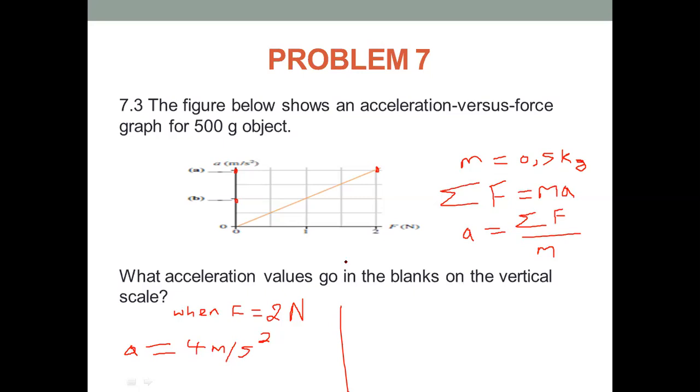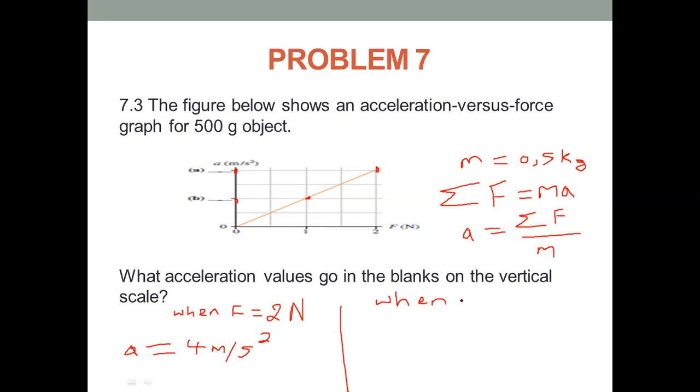Okay. So remember A is directly proportional to the force. Let's check now. B here corresponds with F equal to 1.